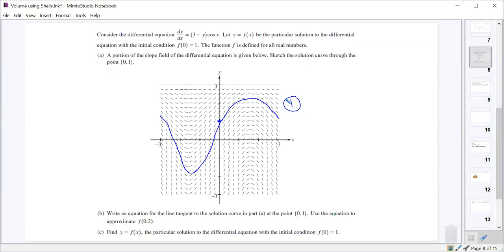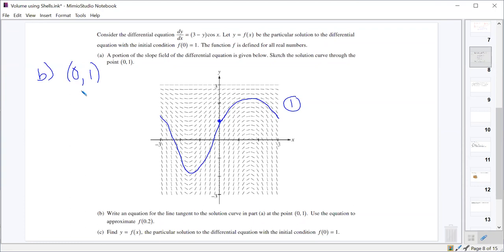Any issues with that? Zoom? No. Wonderful. All right, part B, write the equation of the line tangent to the solution curve. You see that this comes up a lot. So writing the equation of the tangent line means we need a point, which is 0, 1.